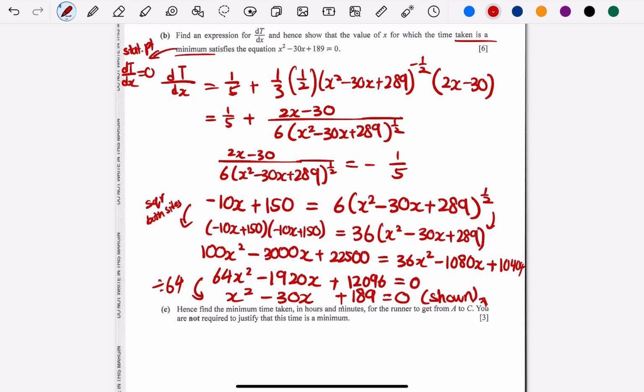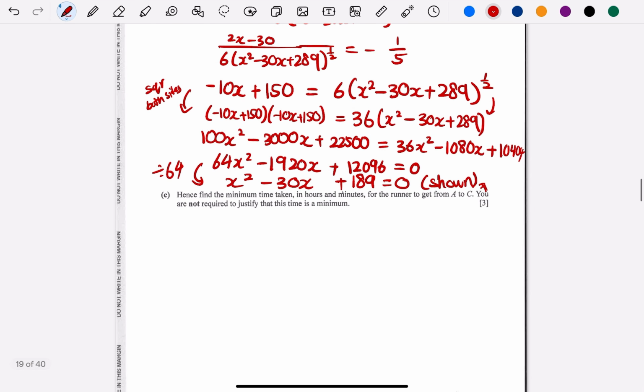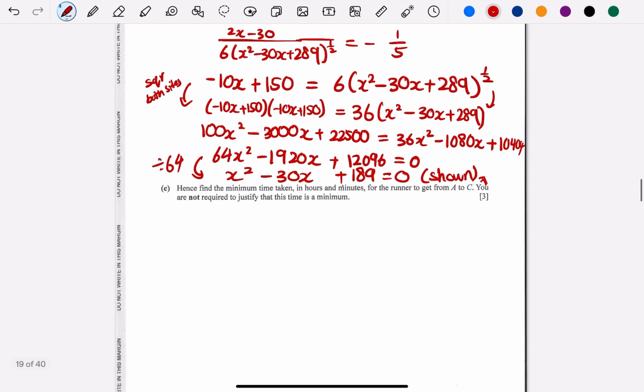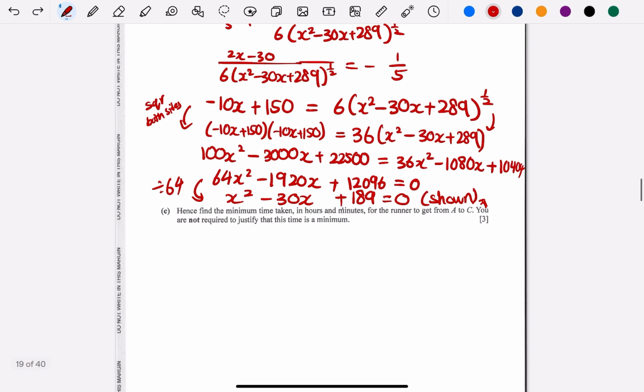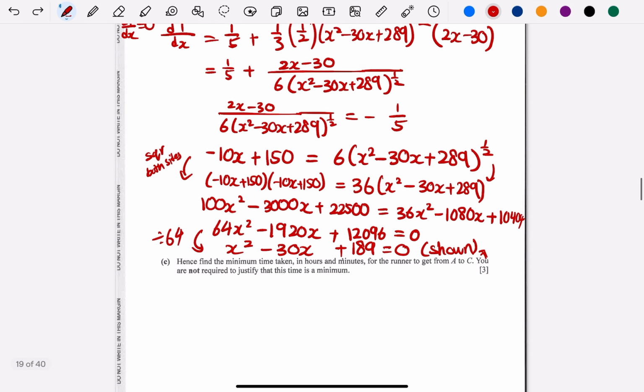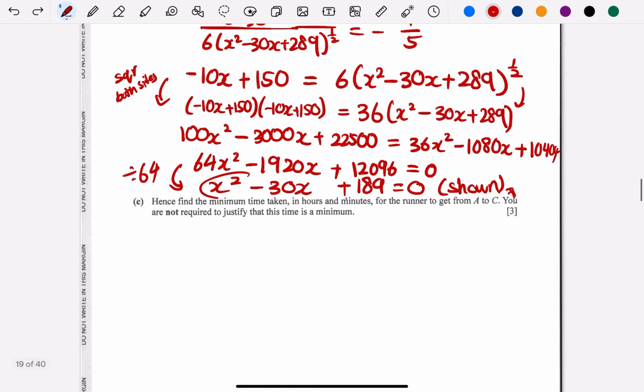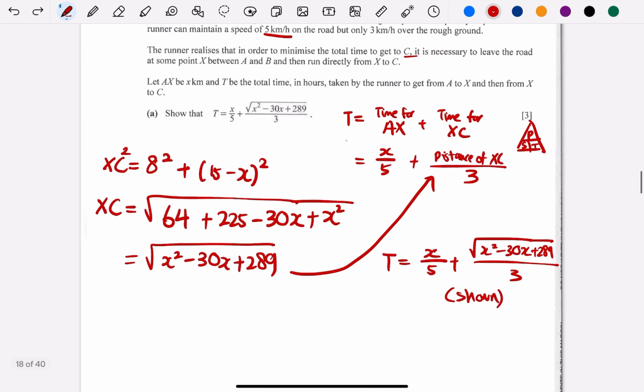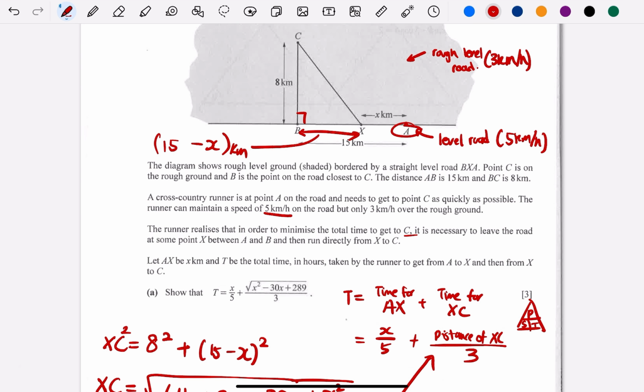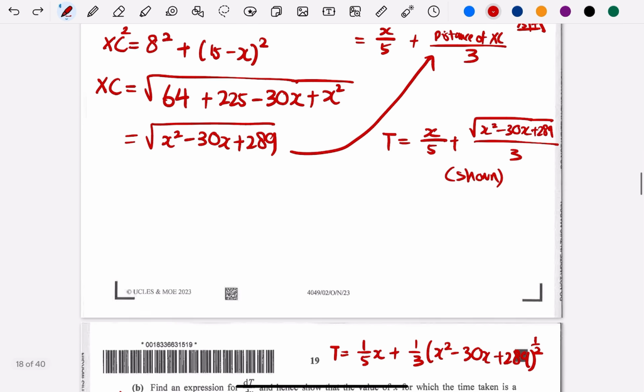Okay, so that's how you do part B. And lastly, for part C, hence find the minimum time taken, which is basically solving this equation. After we solve this, we are only getting x, and remember x is a distance from point A to point X. So that's a distance.